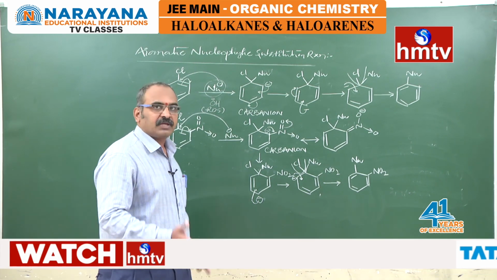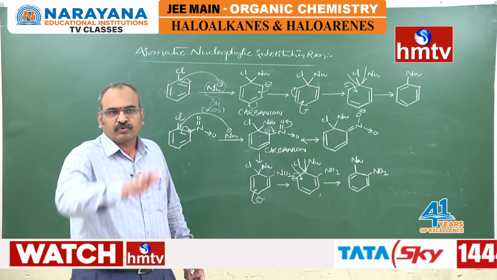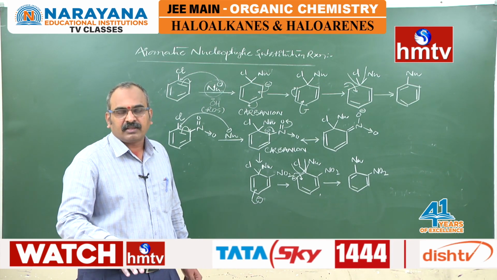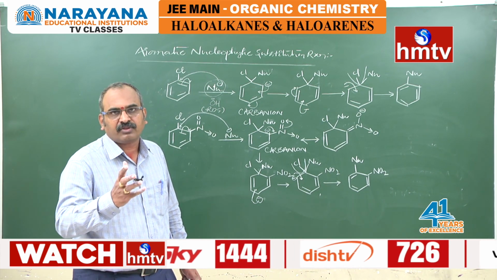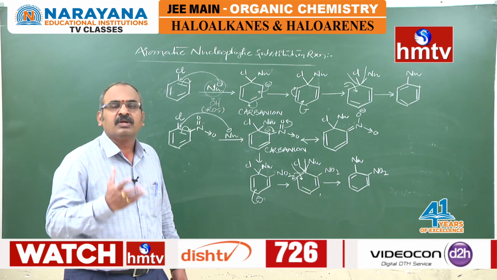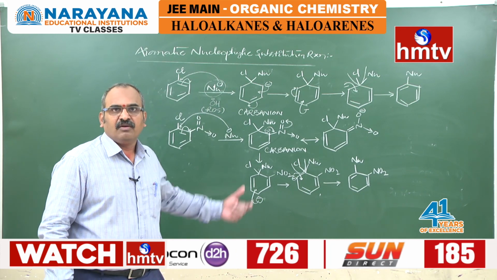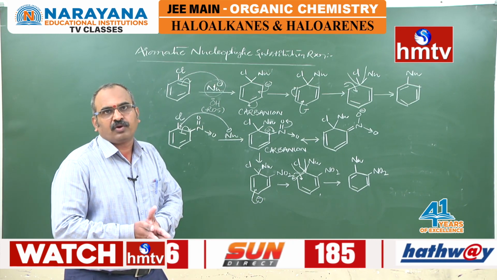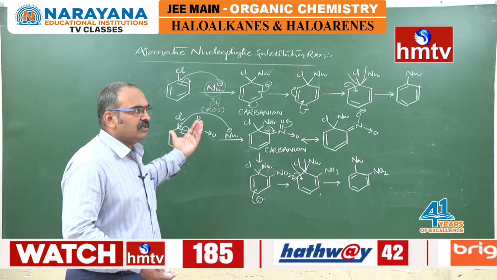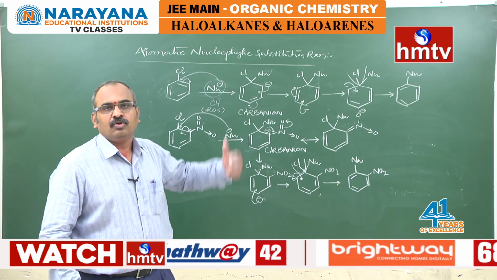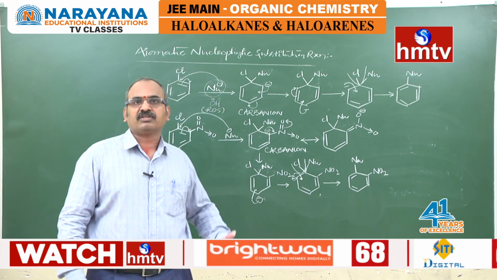When three nitro groups are there, warm water is enough. So conditions are slowly eased up and the reaction becomes easy. The presence of electron withdrawing groups is one of the driving forces for this aromatic nucleophilic substitution to convert aryl halides into phenols or anything else.